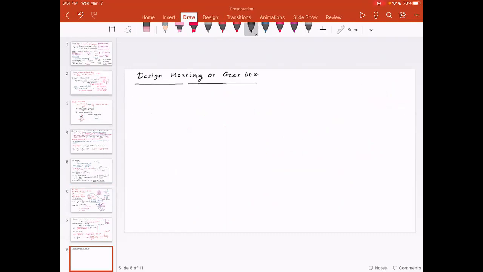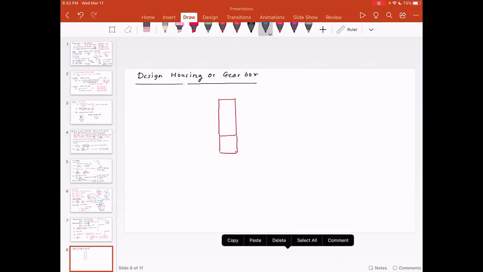Now, if the problem is going to ask you to design the housing or the gearbox, step one is to first draw the gear and the pinion. So I'm going to draw the gear over here, and the pinion over here.